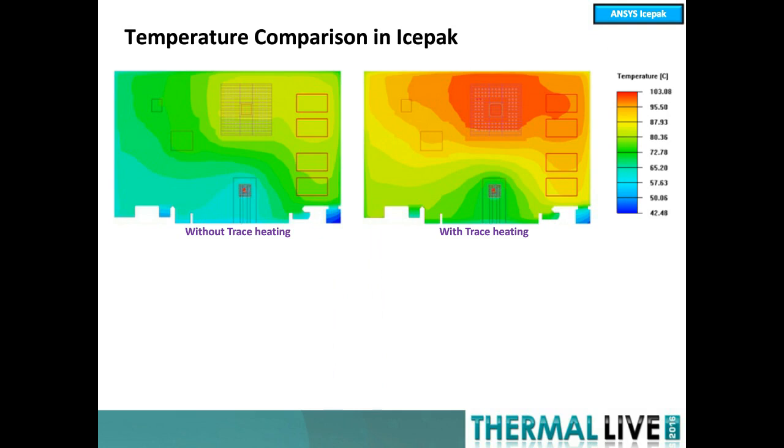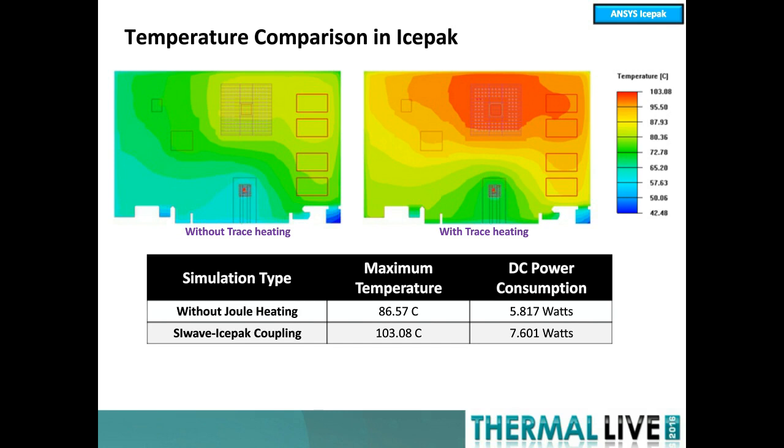So this slide emphasizes why it's important to include a Joule heating analysis for the printed circuit board. In this case, without Joule heating, the maximum temperature was 86.6 C. And you can compare that to the maximum temperature when the SI wave IcePack coupling was performed.